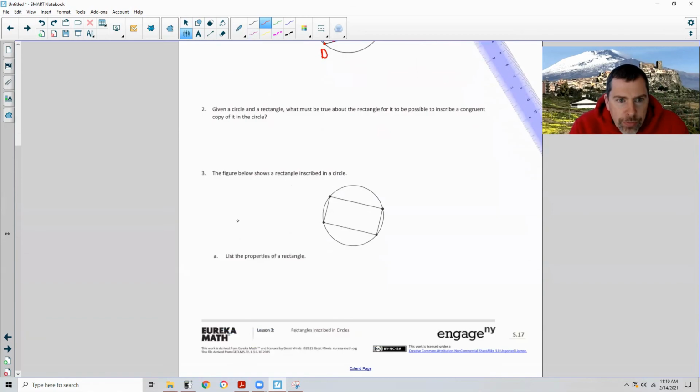Okay, number 2, given a circle and a rectangle, as in this photo right here, what must be true about the rectangle for it to be possible to inscribe a congruent copy of it in the circle?